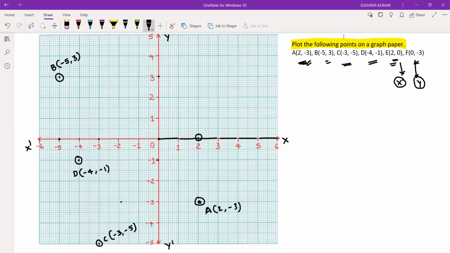So this is point E, (2, 0). And F is (0, -3). Since the x coordinate is 0, the point lies on the y-axis at -3. So this is F, (0, -3).